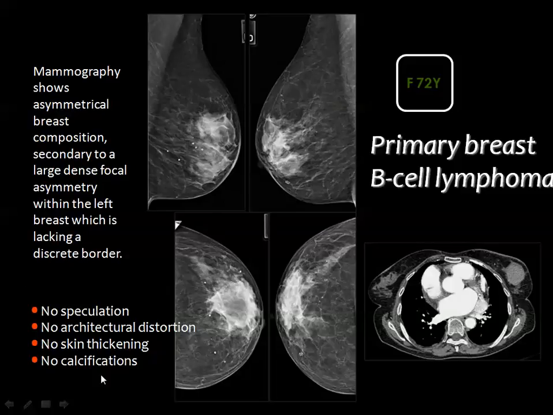Number 1, no spiculation. Number 2, no architectural distortion of the breast. Number 3, no associated skin thickening. Number 4, which is one of the good stigmata, is the absence of microcalcifications, which are usually seen in cases of breast cancer.